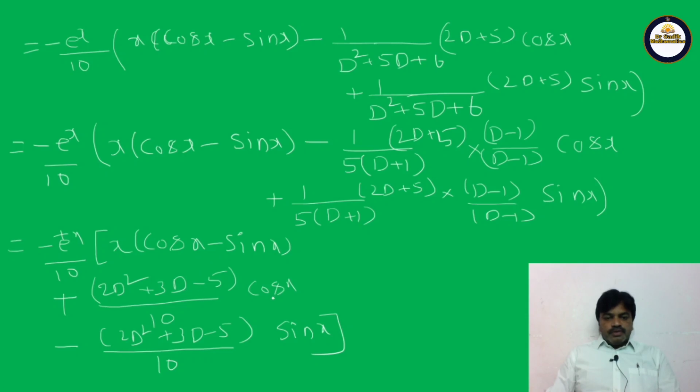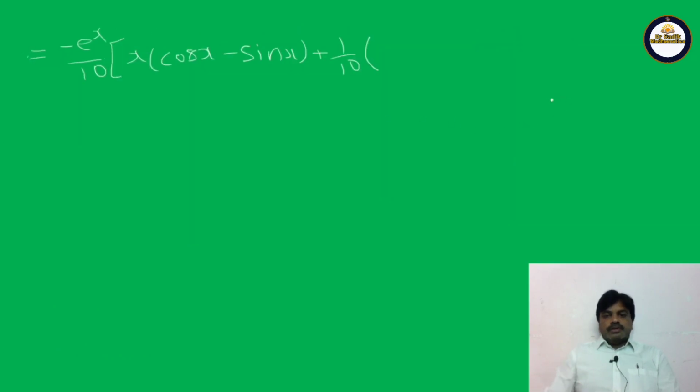First term: derivative of cos x is minus sin x.